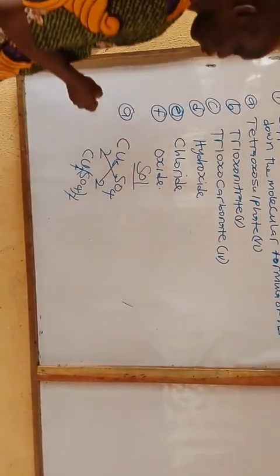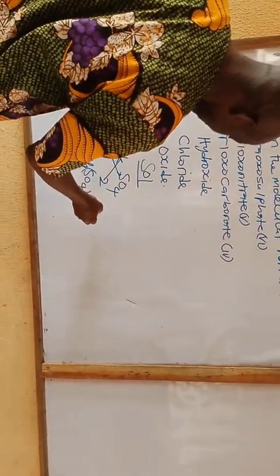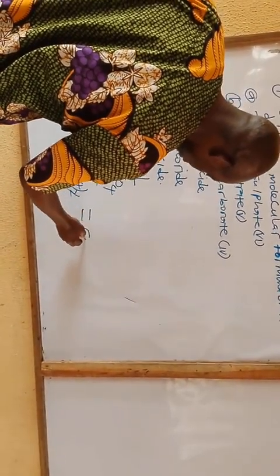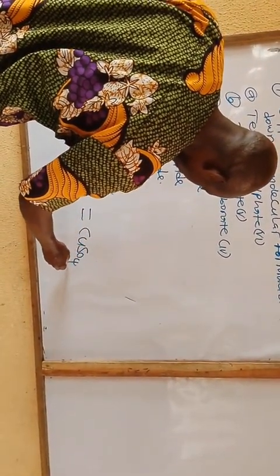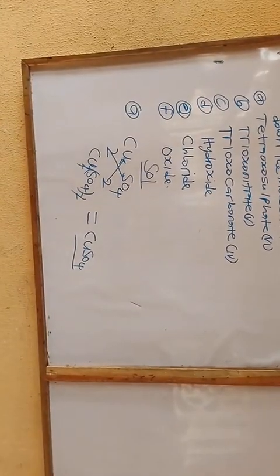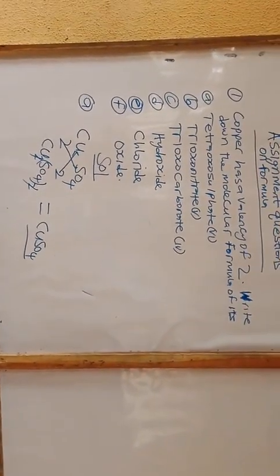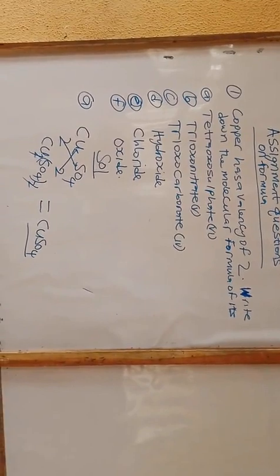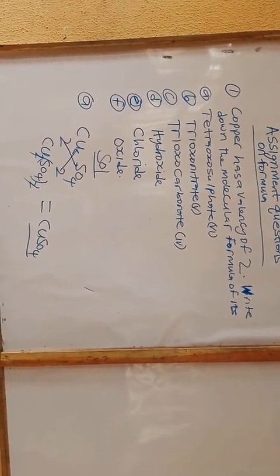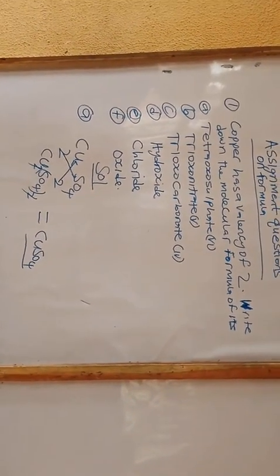So copper 2 tetraoxosulfate 6 will be CuSO4, copper 2, because it has already been given that copper has a valency of 2. So it's going to be copper 2 tetraoxosulfate 6.